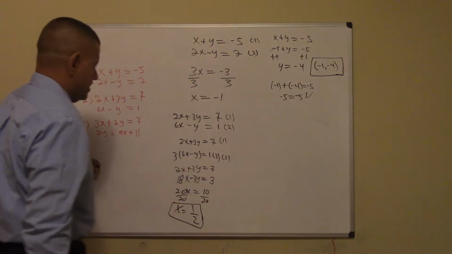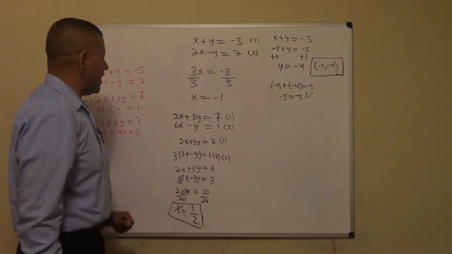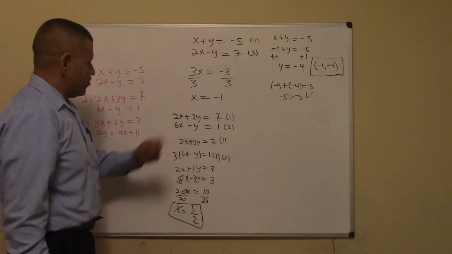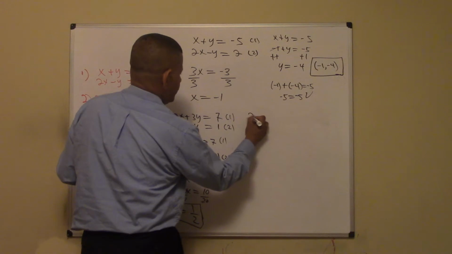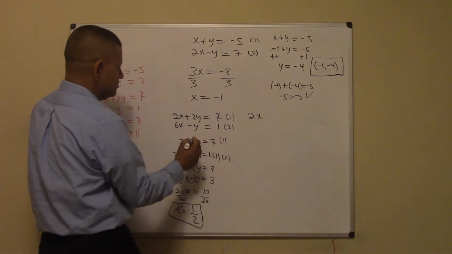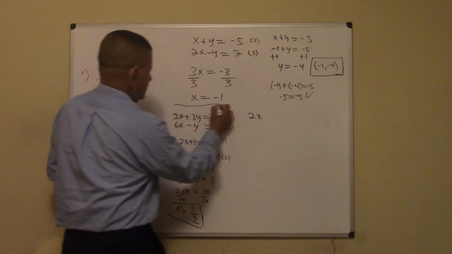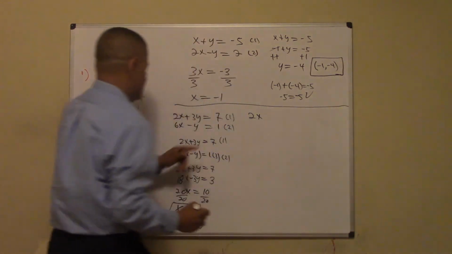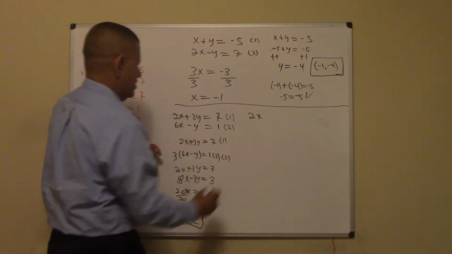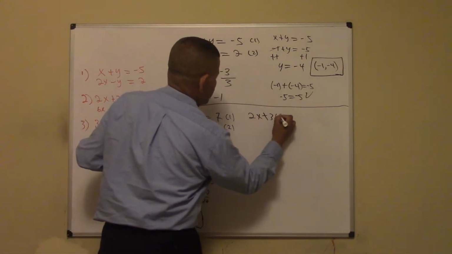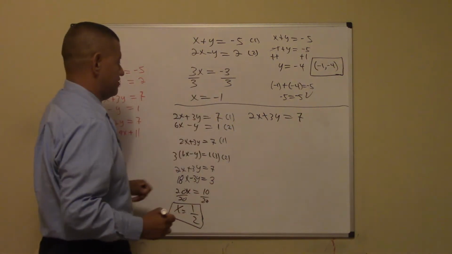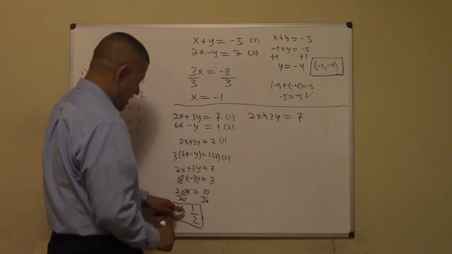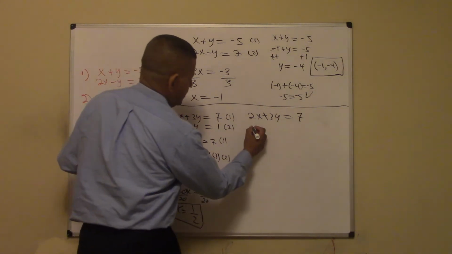Okay, now let's solve for y. Let's use equation number 1 again. We say that 2x plus 3y equal to 7. I'm using equation number 1, right? Now x is equal to 1/2.